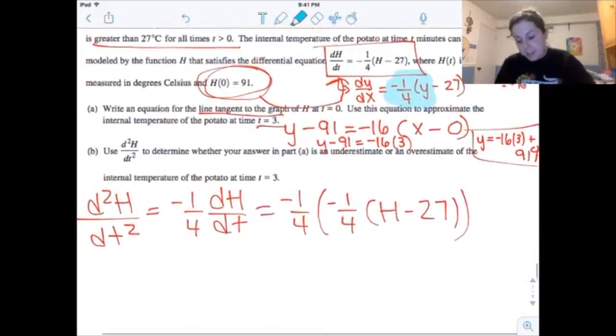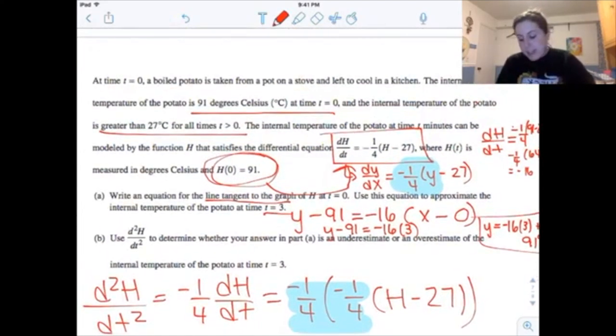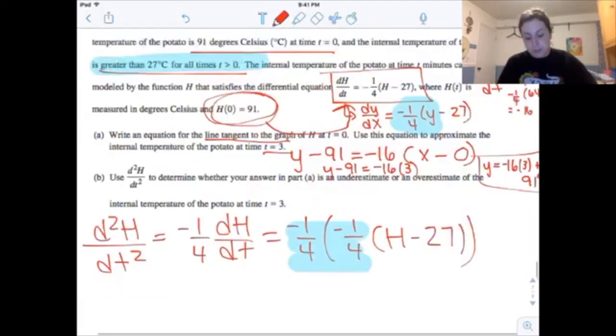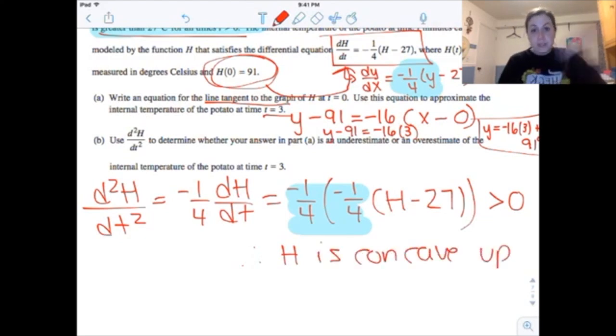And so think about it. These two together would wind up being positive, right? And it tells me that h is greater than 27 for all times. So this is always going to be greater than 0. If it's greater than 0, therefore h is concave up. So the tangent line's below it, right?